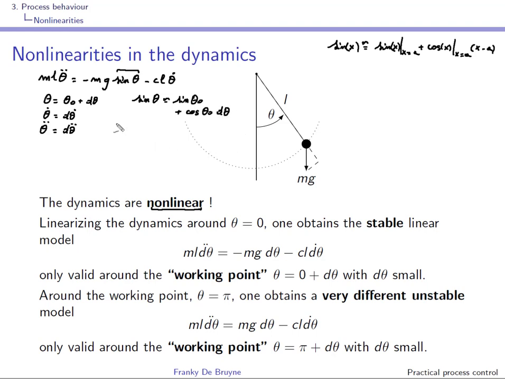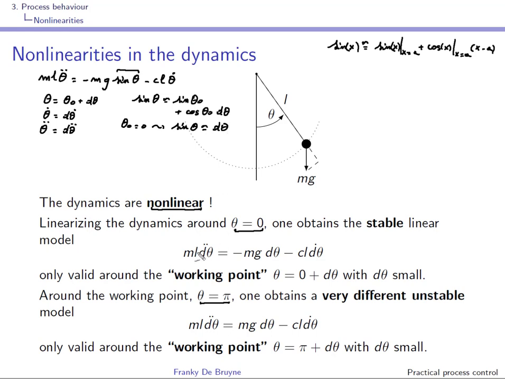Because we will be linearizing around theta 0 equal to 0 and theta 0 equal to pi, if theta 0 is equal to 0, sine theta is approximately, this is going to produce a 0, the cosine of 0 is 1, so this is approximately d theta.